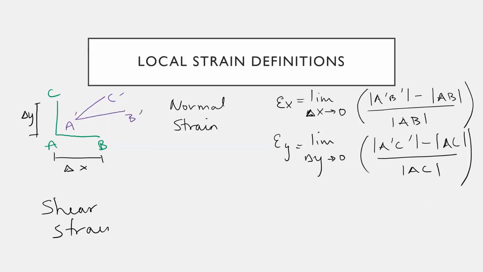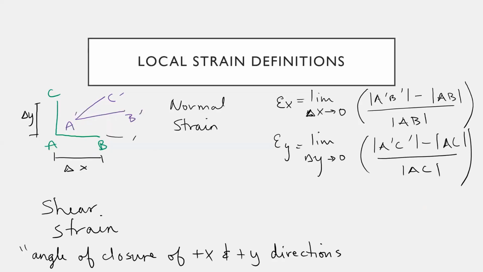And then we have shear strain, which is defined as the angle of closure of positive x and positive y directions.